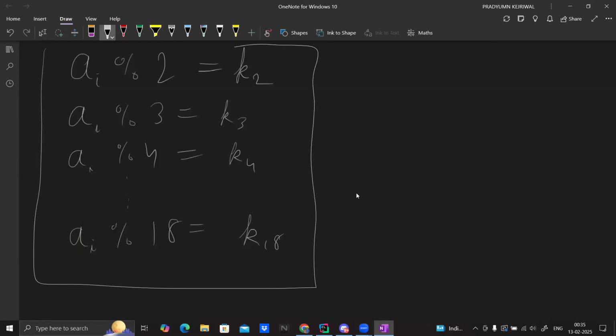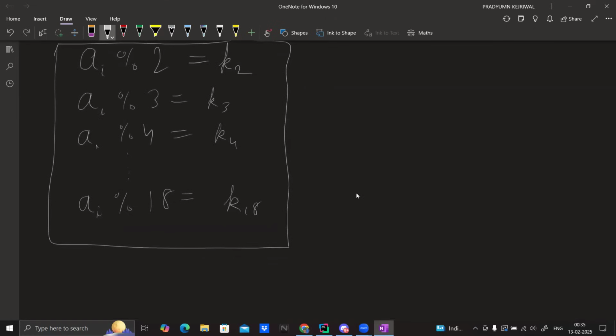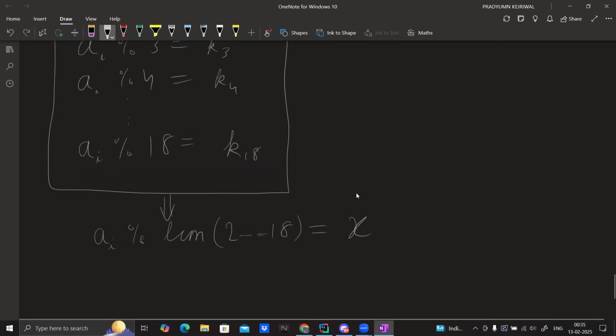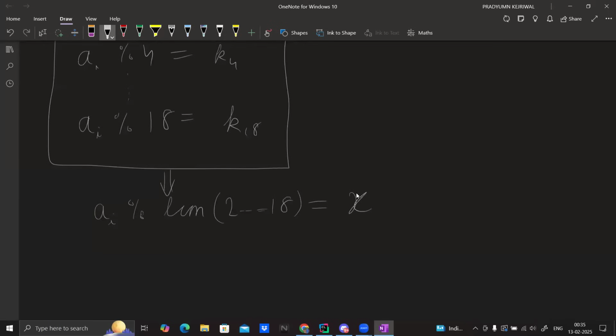So we have the 17 equations, right? If we want to solve these 17 equations, then the solution will look like A_i mod LCM of 2 to 18 is something like, let's say, X. What I want to say is that the modulo of A_i with respect to the LCM from 2 to 18 will be some value.